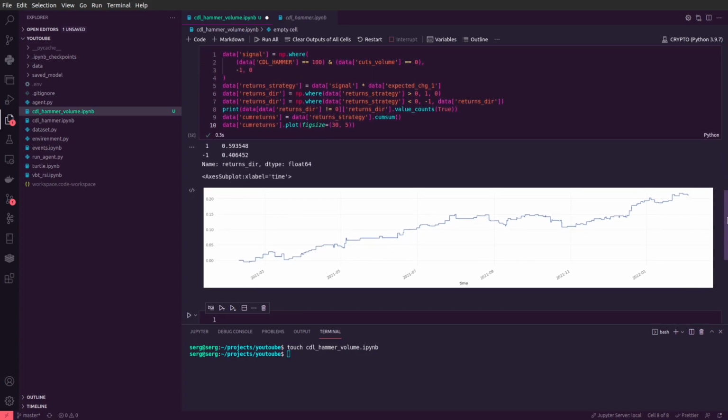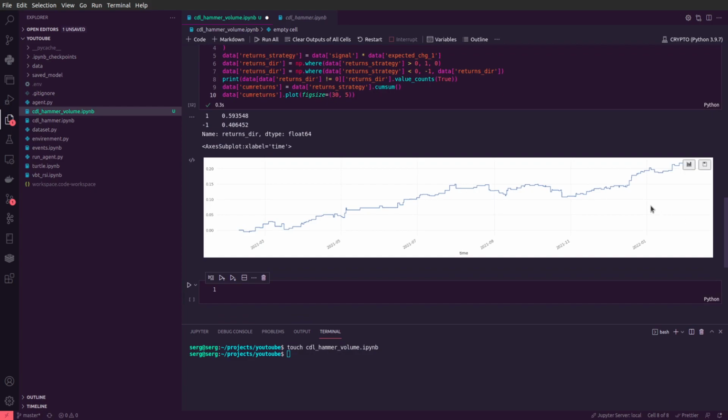So you see we have some profitable strategy for Binance USD, for Bitcoin USDT, including the spend on commission, and profitability is about 59% of data is positive, and we get a profit for 1 year of about 20%.